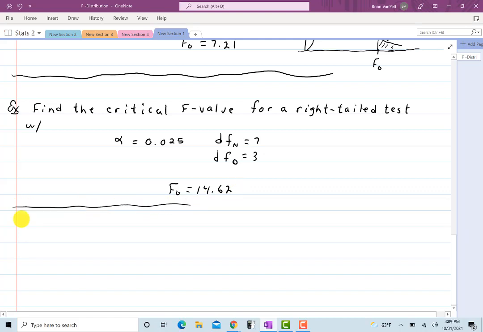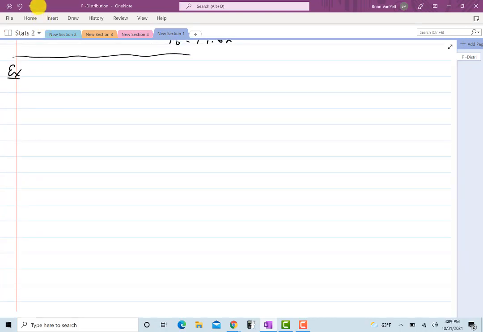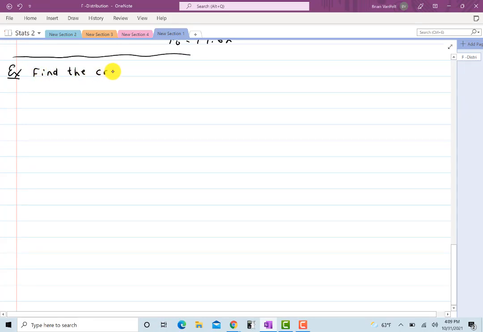Let's do another example. Find the critical F value for a two-tailed test with alpha equals 0.1.